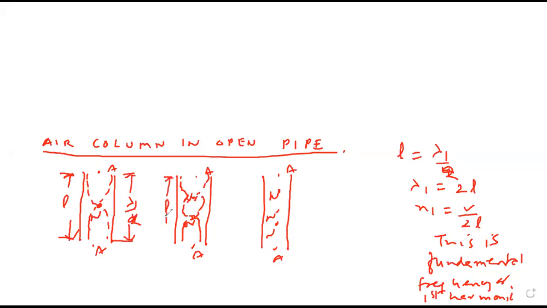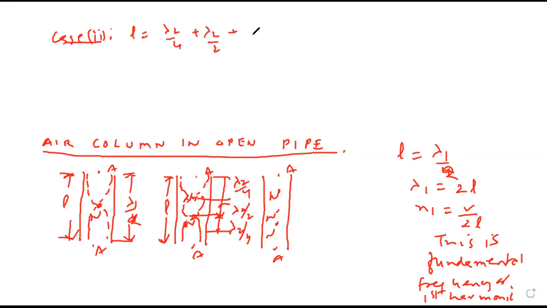This time vibrating length in second case will be lambda 2 by 4 plus lambda 2 by 2 plus lambda 2 by 4.